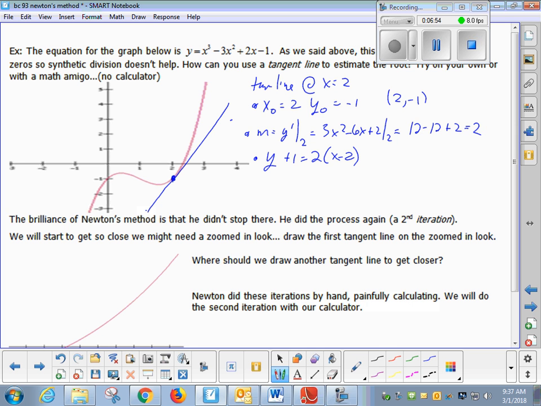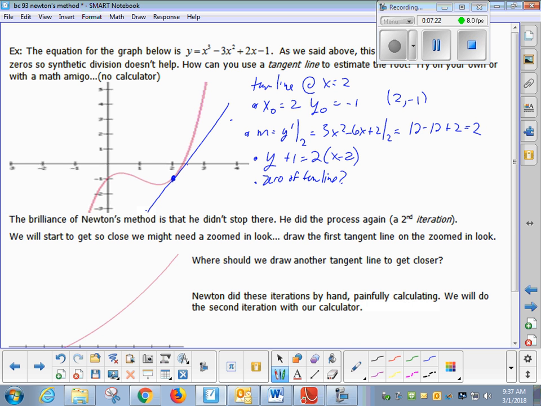Now the whole goal is not just to get a tangent line, but to get a tangent line and then trace it back to where it crossed the axis, because the zeros are pretty close. So now you want to find the 0 of the tangent line. Do you know x or do you know y?